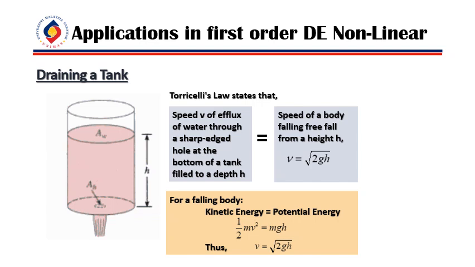As the fluid descends, whenever something falls, the gravitational potential energy is decreasing, and it is converted to kinetic energy. So this is the conservation of energy.